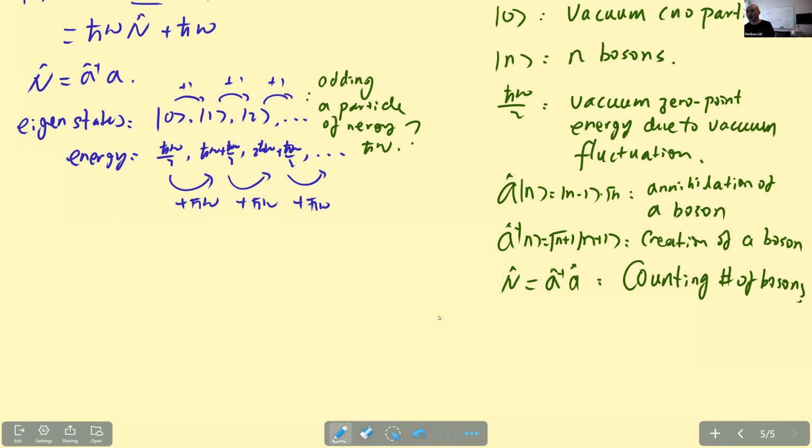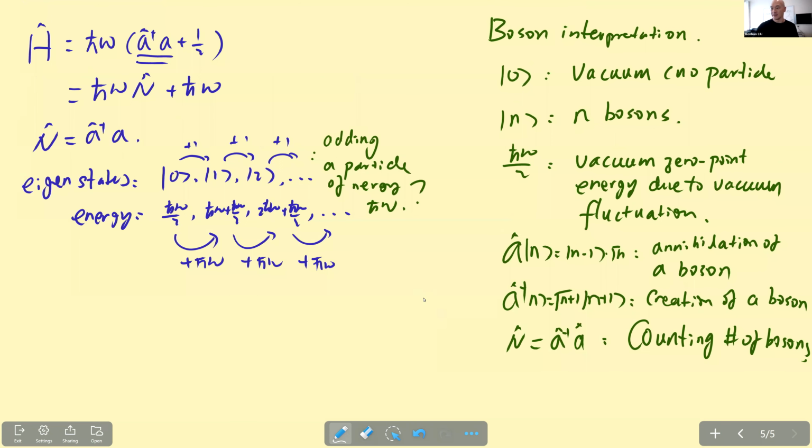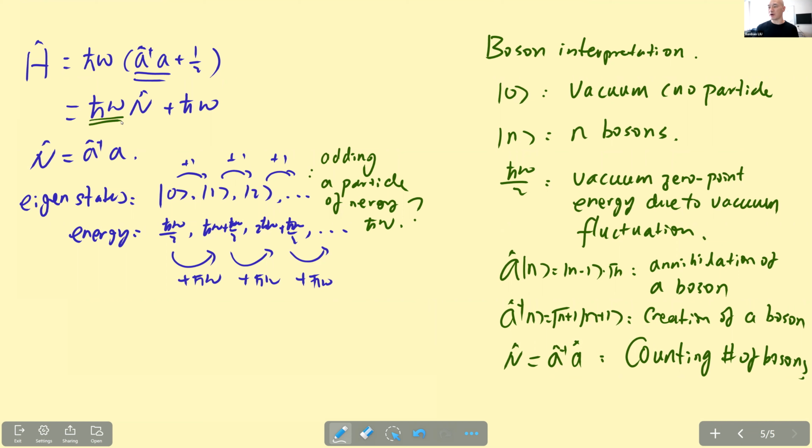So now you can easily say that this is the energy of a boson, this is the number of bosons, and this one is the vacuum energy. Right, so everything makes so much sense.